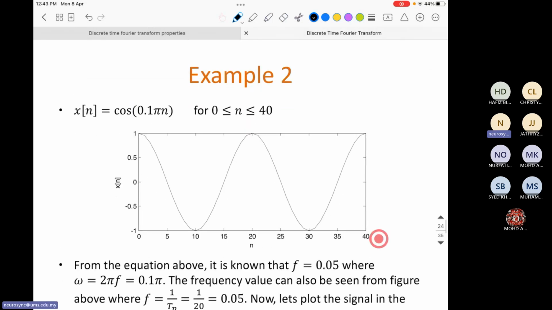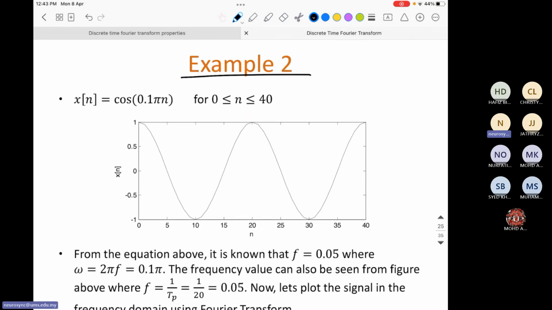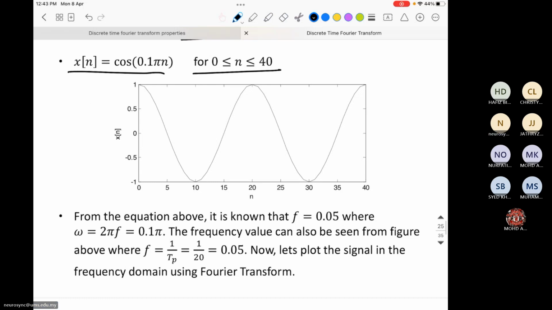Now the second example. Suppose you are having the sequence x of n equal to cos of 0.1 pi n, from n equal to 0 to 40. Now, for cos of 0.1 pi n, can you find out the frequency f here?